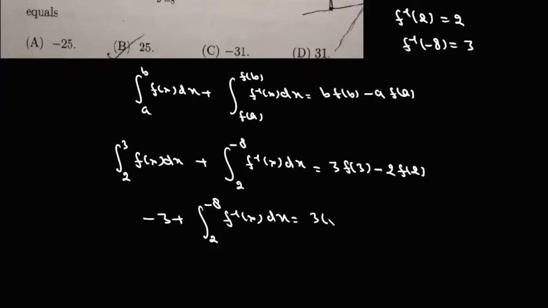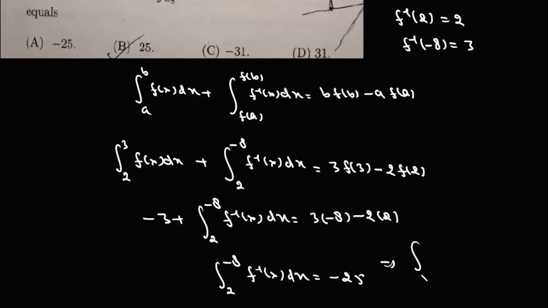Now this is 3 times minus 8 and then minus 2 into 2. So this integral from 2 to minus 8 of f inverse x dx is equal to minus 25. But we are asked from minus 8 to 2. So we'll interchange a and b, and if we do that, this minus sign will change into a plus sign. So this integral from minus 8 to 2 of f inverse x dx will be equal to 25. So the answer to this question is 25, and that's your option B.